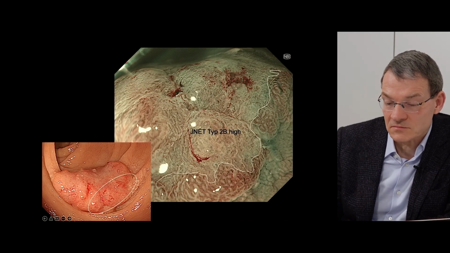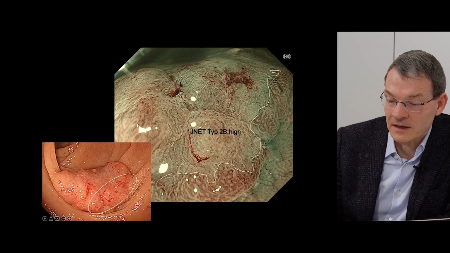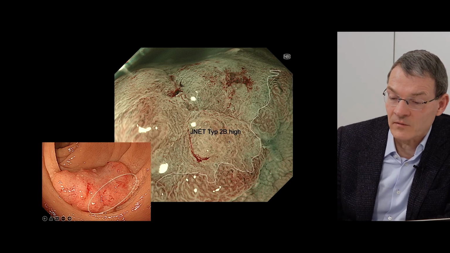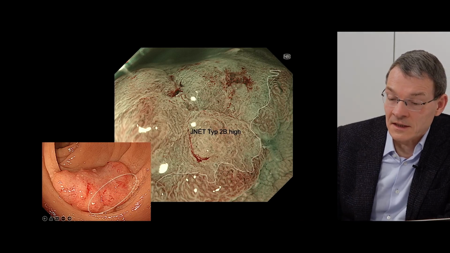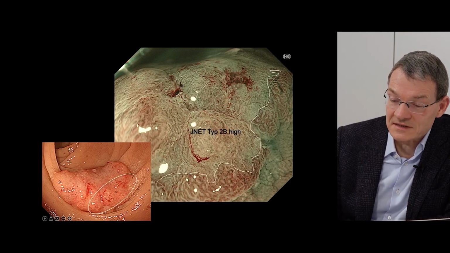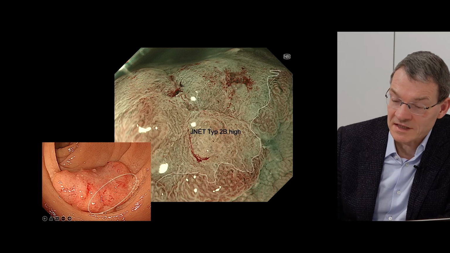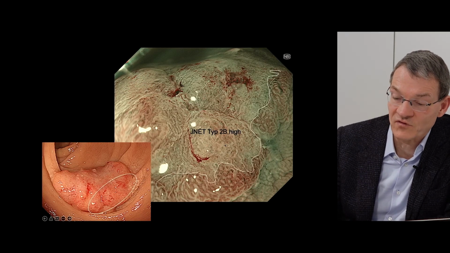When we trace now this polyp, I show you again this special demarcation line within the polyp. And I think here in this area, when we use JNET classification, I would rather say this is JNET 2B high, because here it looks still regular, but it's also getting amorphous, so it tends to be type 3.